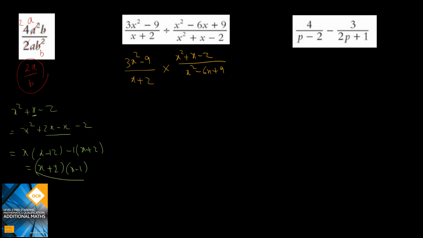Now I have a common term here: x plus 2, and there's also an x plus 2 here. So we can do the cancellation.